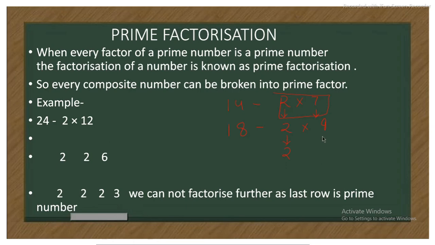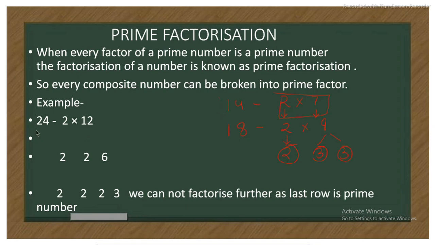But 9 is not a prime number, so it can be further divided into two parts, that is 3 3s are 9. So in this way, 2 and 3 are the prime numbers and prime factors. So this is all about how we can break up composite numbers into different numbers.